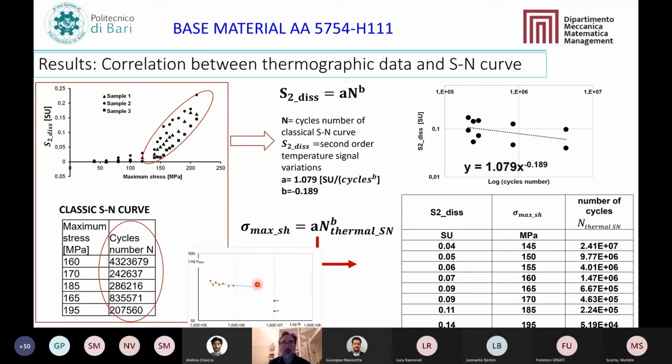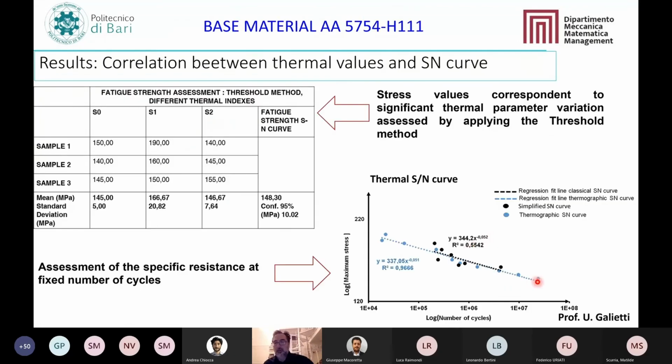What we did is we entered this curve with the load and obtained the number of cycles that the SN curve forecasts for this method, and we gave this value to the point obtained thermally.